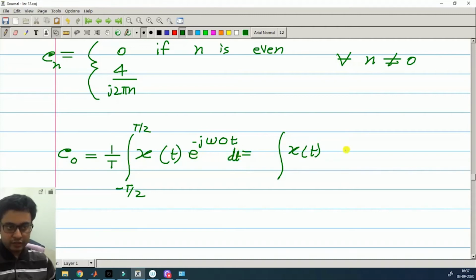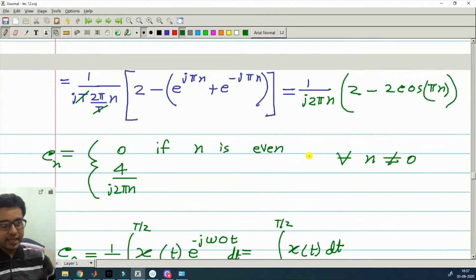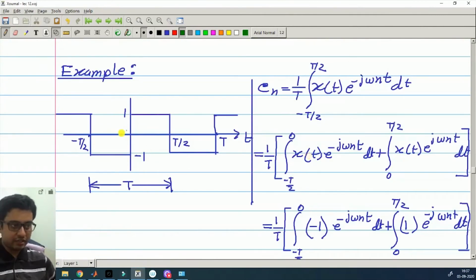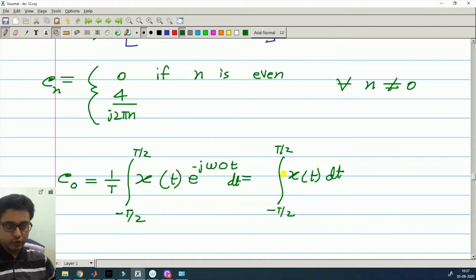This is 1, so x(t) only, minus T by 2 to T by 2, and you can see x(t) is an odd signal, so plus minus area cancels and you will get 0.